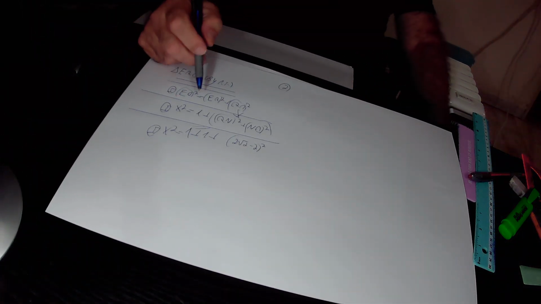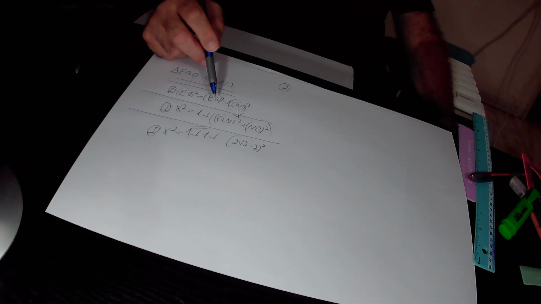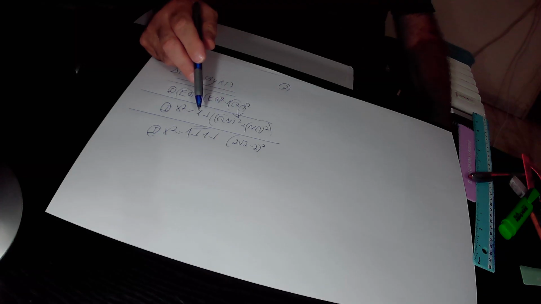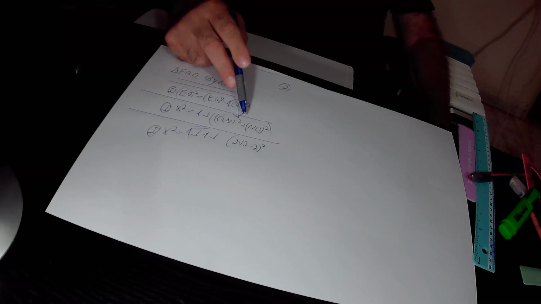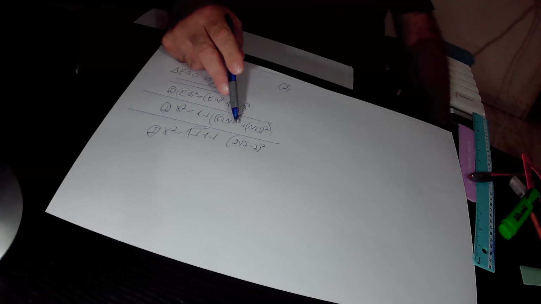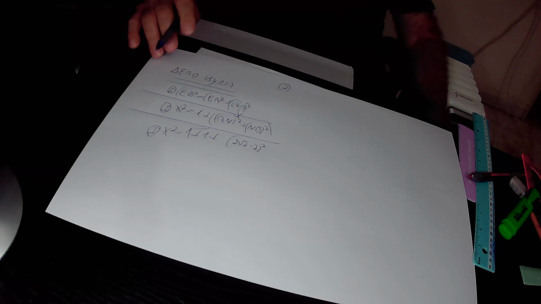So again, we found out that x squared equals 1, plus QN squared, which is 1 squared, that is 1, plus ON squared, which equals 2 times square root of 2 minus a, squared.